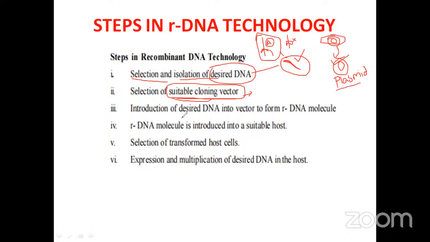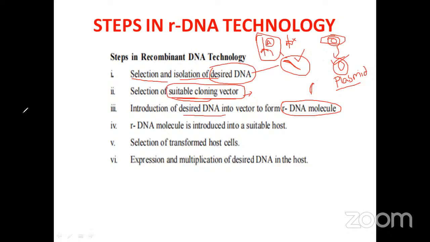Next, introduction of the desired DNA into the vector to form an rDNA molecule. Now this desired DNA is introduced into the vector plasmid to form rDNA. For example, here this is the desired DNA.